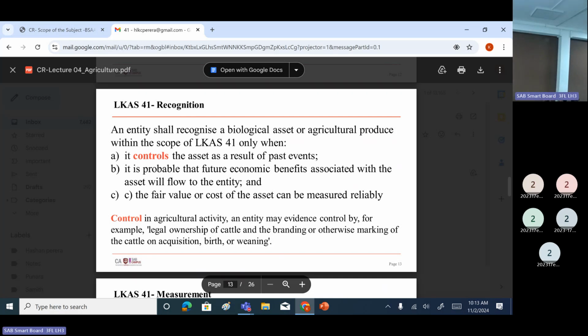Control in agricultural activity: an entity may evidence control by, for example, legal ownership of cattle and the branding or otherwise marking of the cattle on acquisition, birth or weaning. So the control is the bigger area that needs to be done.